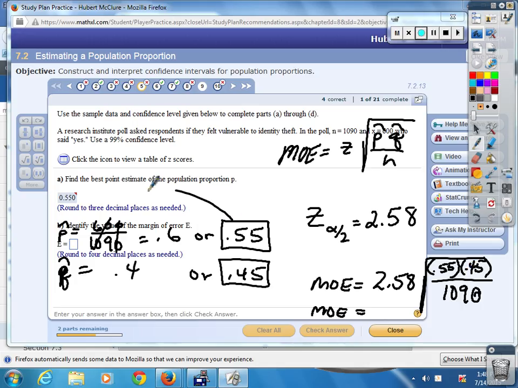So 0.55 is that. Yeah, 0.0388. All right. Okay, 89. Somebody else check, make sure we got the same numbers. 0.0389. I'll check it on my calculator.